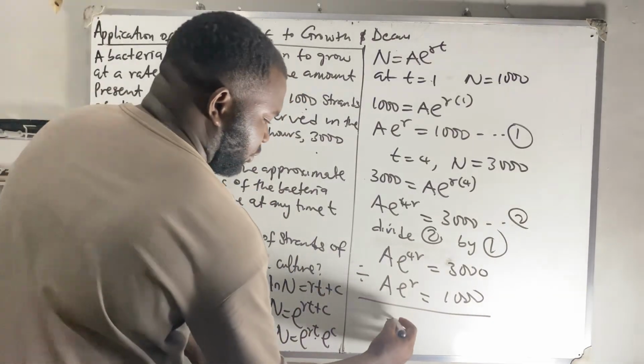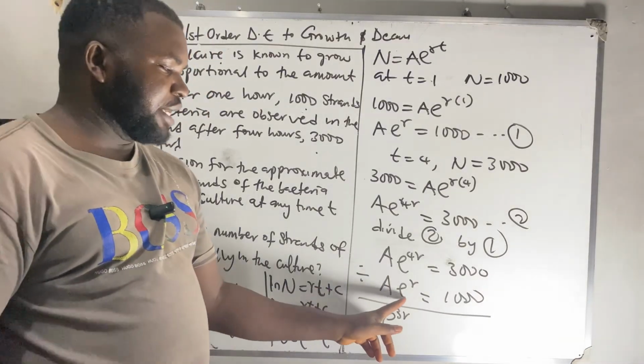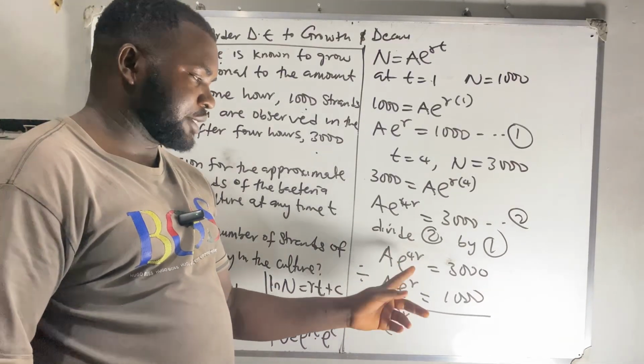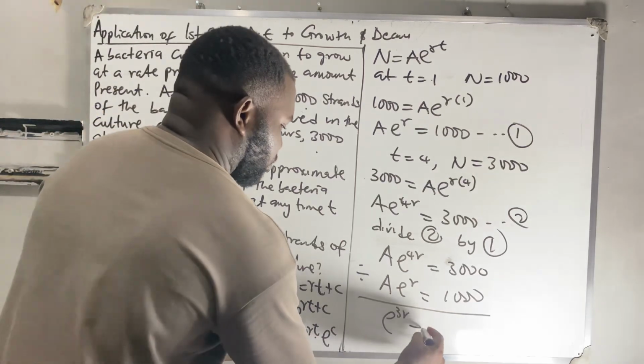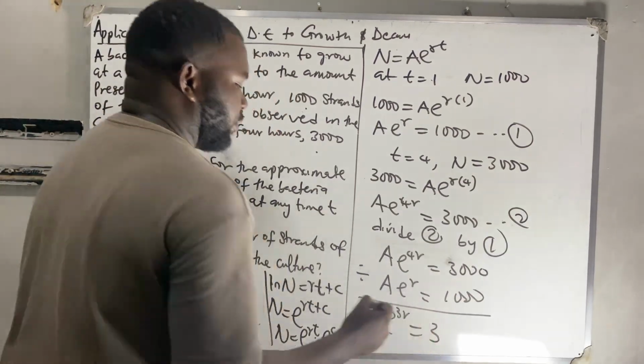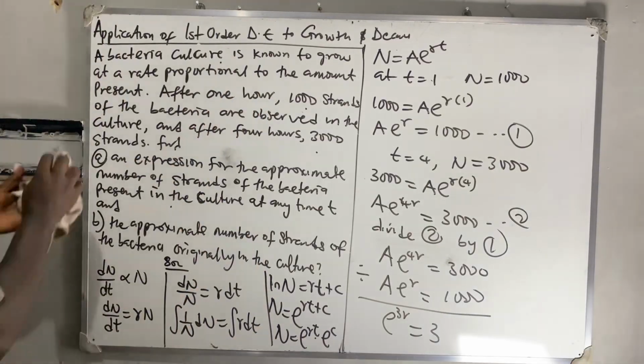This divided by this will give you e^(3r), because according to indices, if the bases are the same and you are dividing, you should subtract. So 4r minus r gives you 3r, is equal to 3,000 divided by 1,000, which gives you 3.